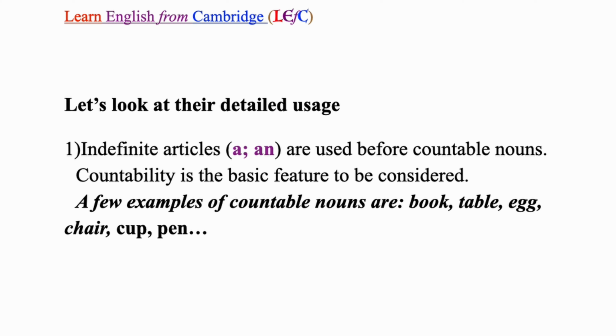Let's look at their detailed usage. Indefinite articles, a and an, are used before countable nouns. The basic feature to be considered is countability. A few examples of countable nouns are book, table, egg, chair, cup, pen.